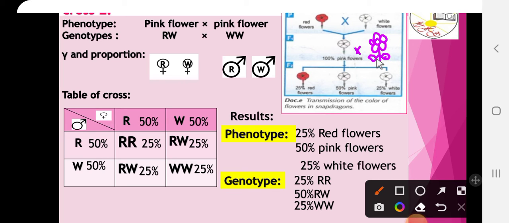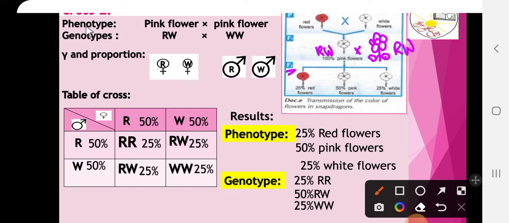We crossed them and they gave the F2 generation. We have to know that this is RW and this flower is also RW. So RW and RW, pink and pink flowers, give in the F2 generation 25% red flowers, 50% pink flowers, 25% white flowers.